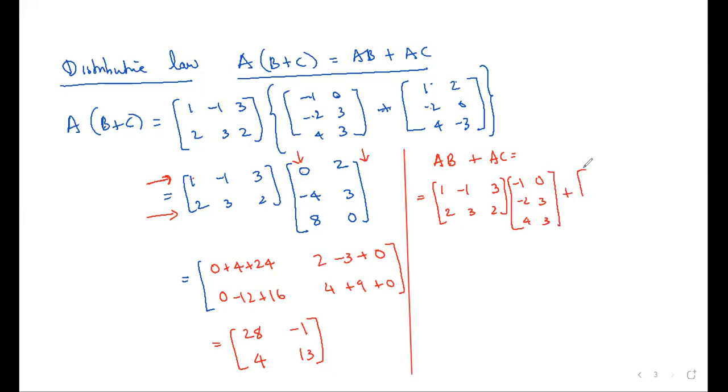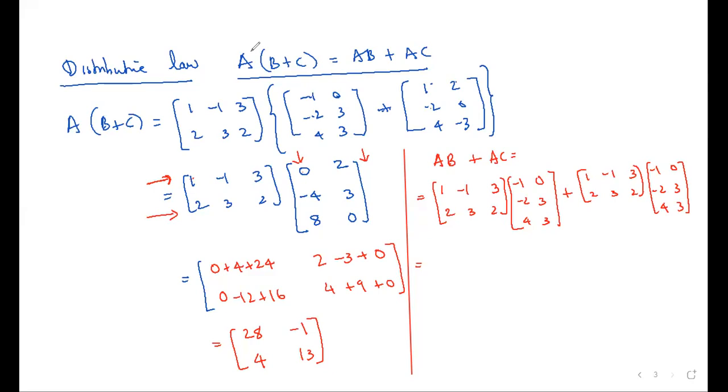Plus AC: 1, minus 1, 3, 2, 3, 2, multiplied with C. Again, I'll do row versus column, sleeping versus standing.